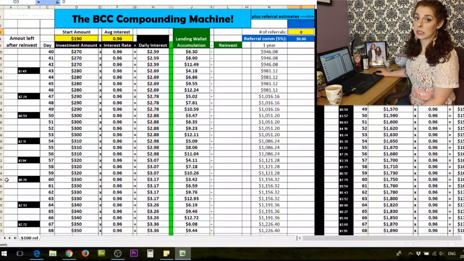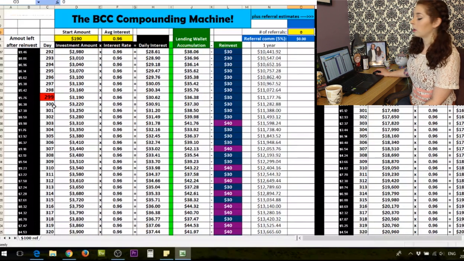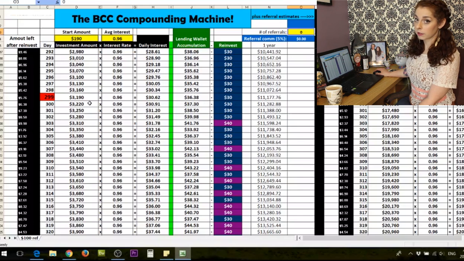By day 60, so 2 months, I should have $330 and be making $3.17 a day. Jump to 180 days, I've increased to $1,020, making $9.79 per day. 299 days, when the capital gets released, I'll have $3,190, and be making $30 per day.